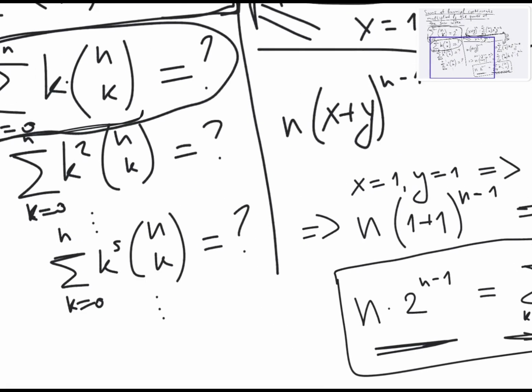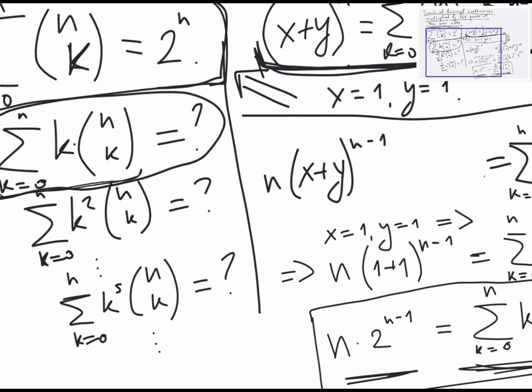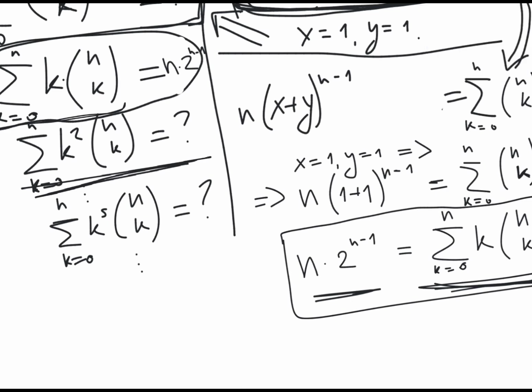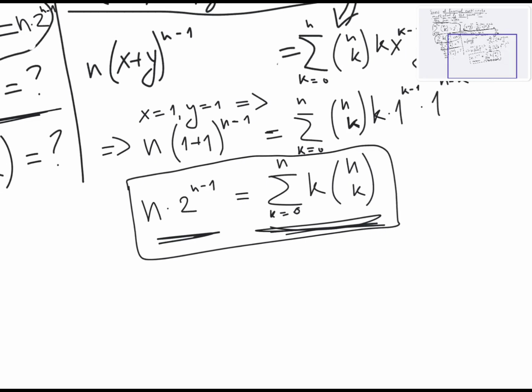Okay, so we can write it here: n multiplied by 2 to the power n minus 1. Now how do we calculate this sum where we have k squared instead of k? We do a similar thing.